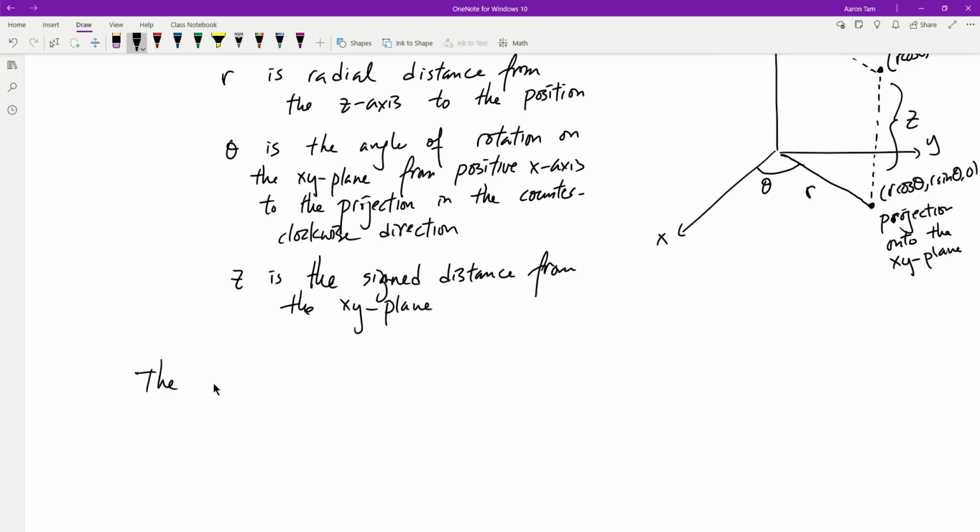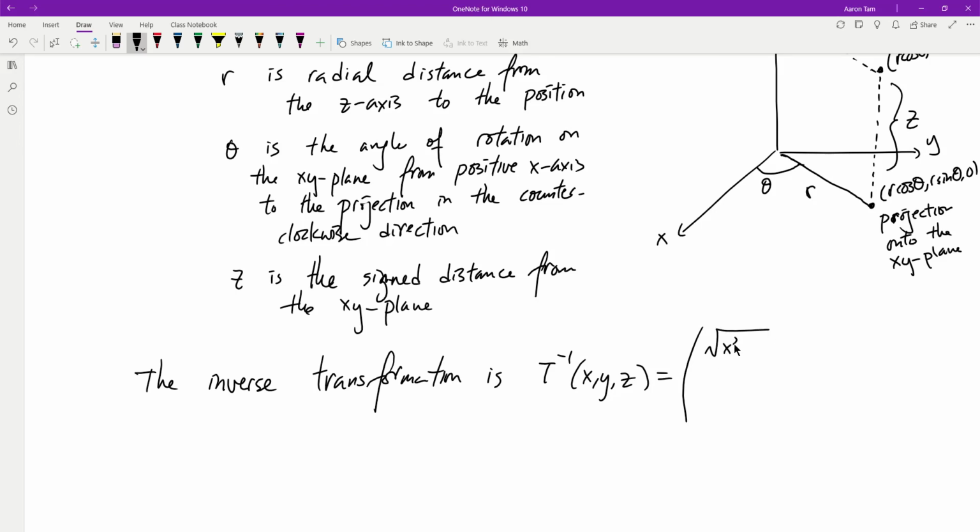Let's talk about the inverse function. The inverse transformation is T inverse of (x, y, z), and it is exactly the same as the polar one, because z just stays the same and you just transform x and y into r and theta.